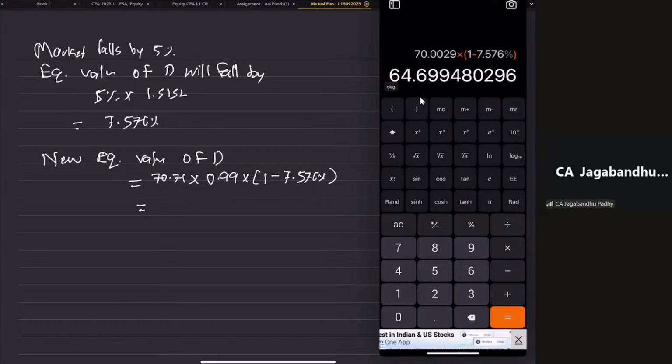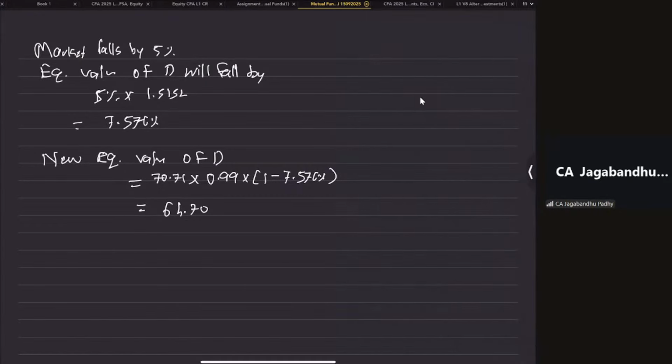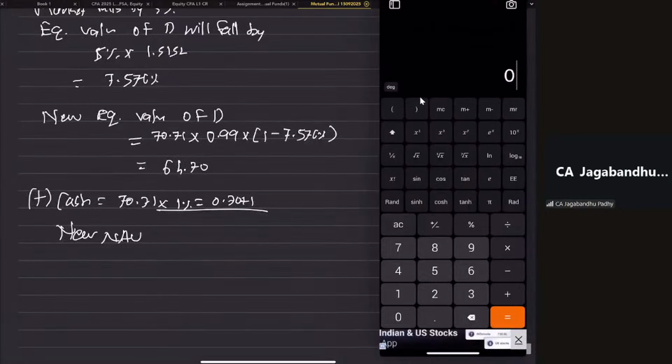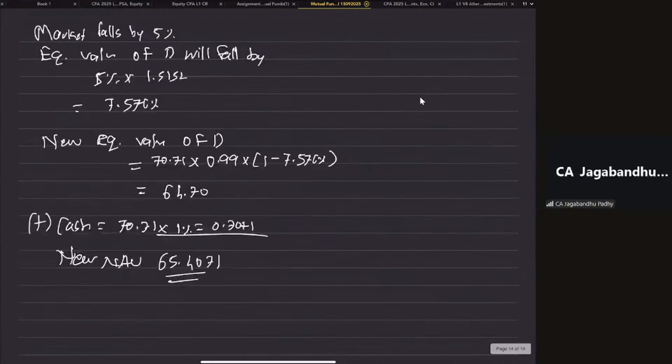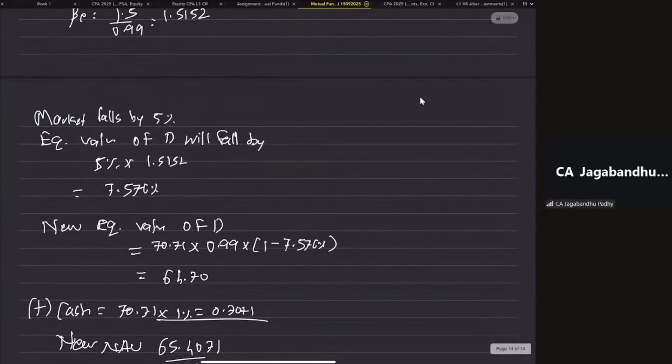So the new value that we're going to have is 64.7. To that we will add the cash balance, which is 70.71 into 1%, which is 0.7071. So the new NAV will work out to be 64.7 plus 0.7071, which is 65.4140. This is the new NAV value of mutual fund D after the change has happened in the market.